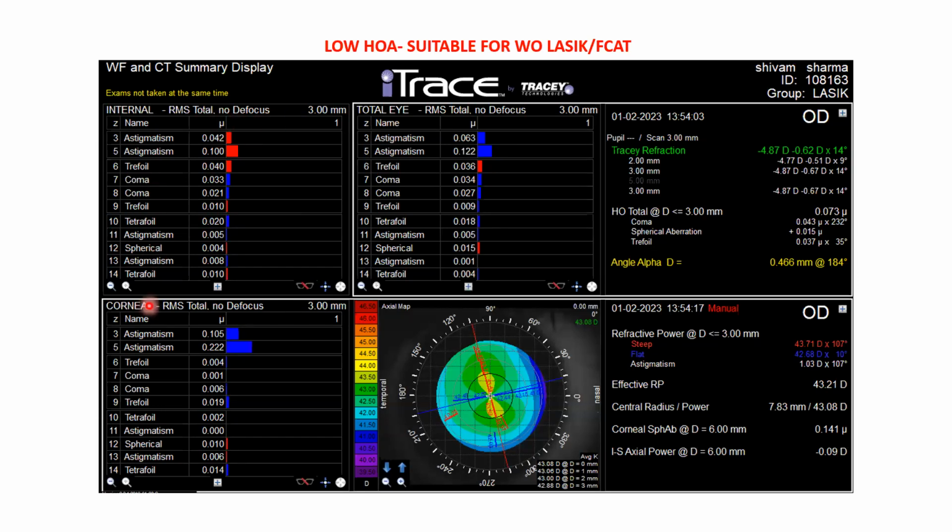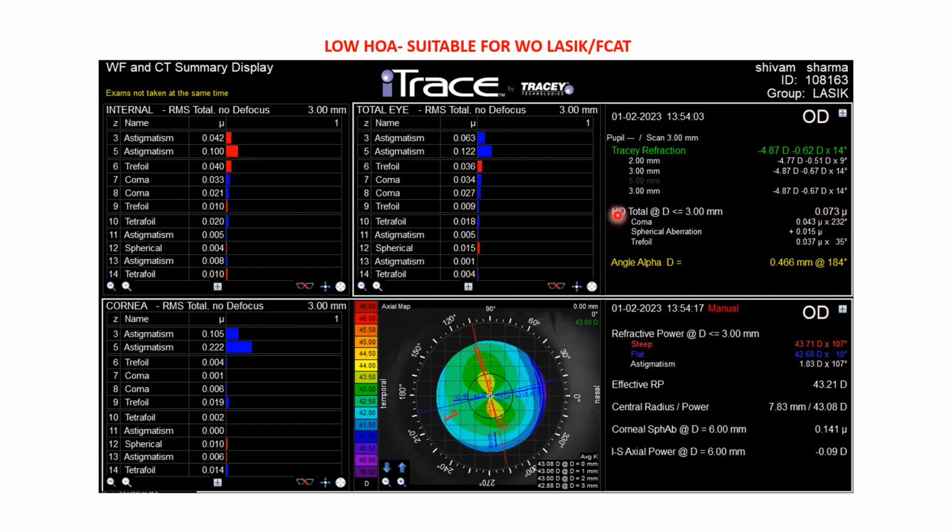So whatever aberrations on the Zernike polynomials we are considering, this no defocus point means that we are not considering hyperopia or myopia as a factor in these aberrations. The only things that we consider are astigmatism, trefoil, coma, and spherical aberration. So in this patient, the total aberrations were minimal. The total higher order aberrations were less than 0.07.